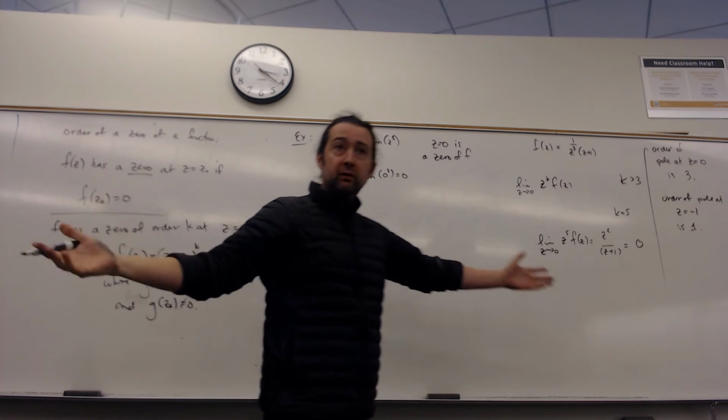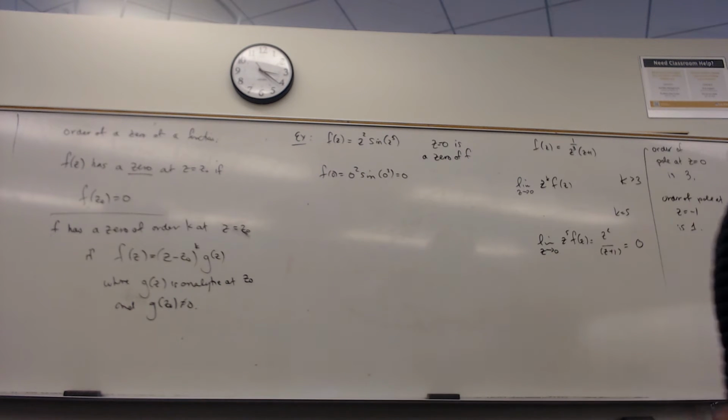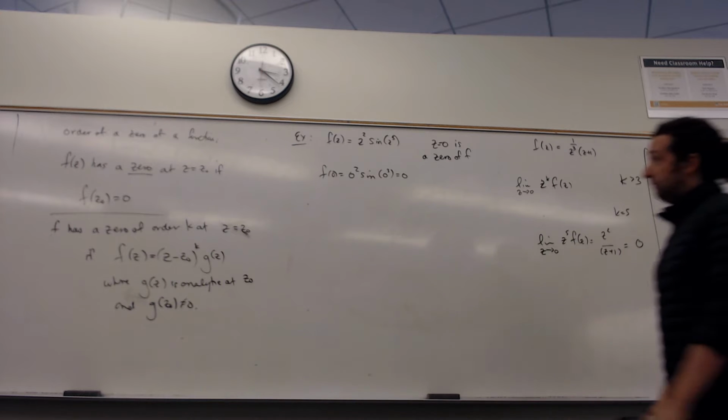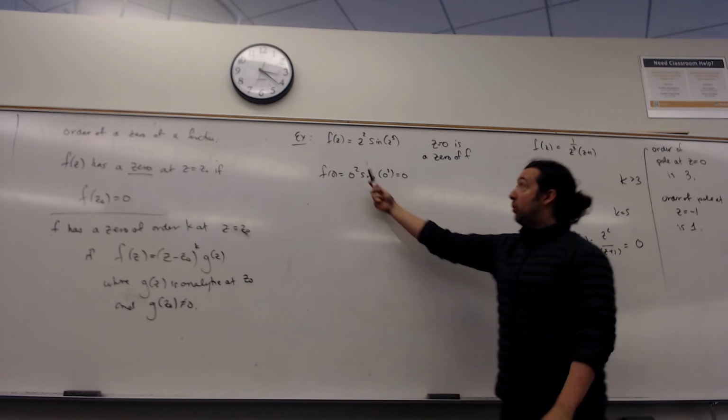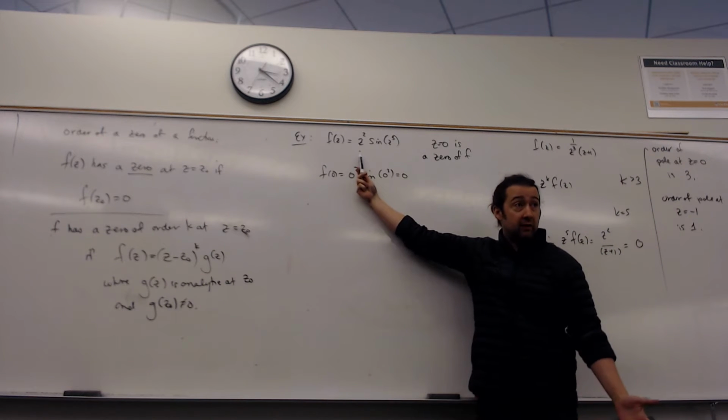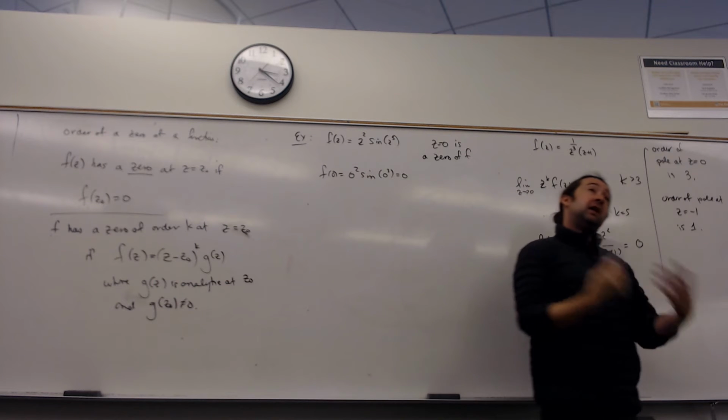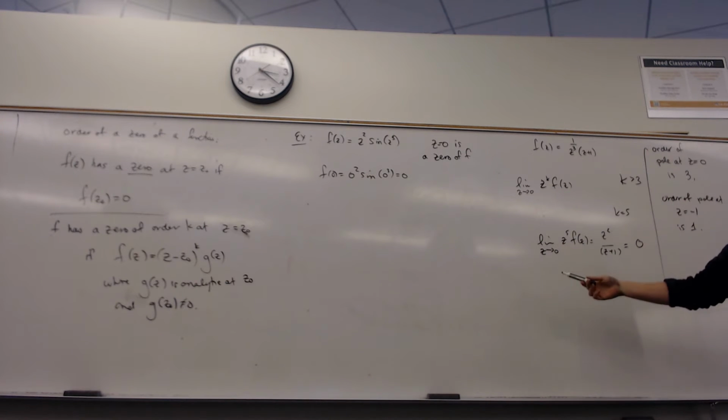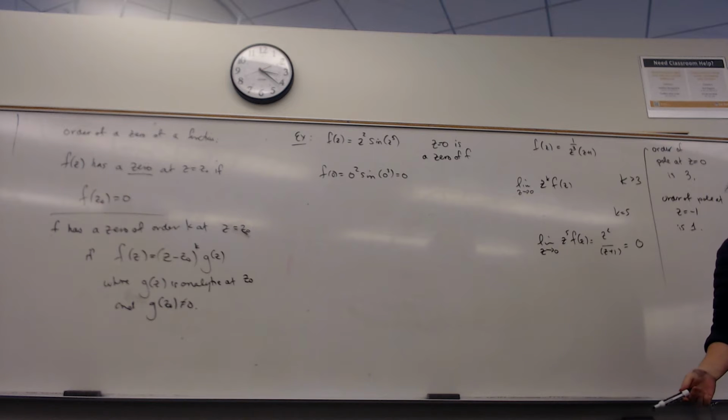So it is a 0 for the function, and presumably I can factor out a whole bunch of z's from this, and that will tell me what the order of the 0 is. It's not immediately obvious. It's at least order 2, because there's 2 copies of z here. But I can't tell what the rest of the function is doing unless I do a power series expansion for it.